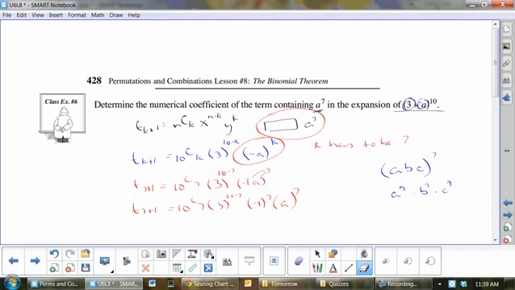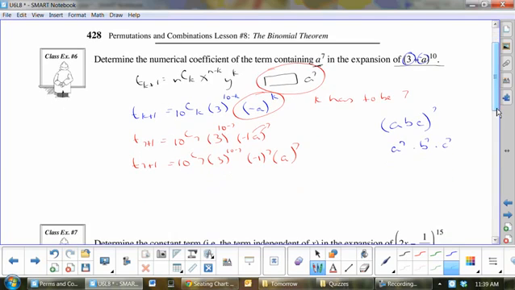You can always distribute an exponent if they're all multiplying. What you can't do is this. That's mathematically incorrect. That's a plus b times a plus b, seven times. That's what a plus b to the 7 means, not a to the 7 times b to the 7. But you can always distribute an exponent if they're multiplying.